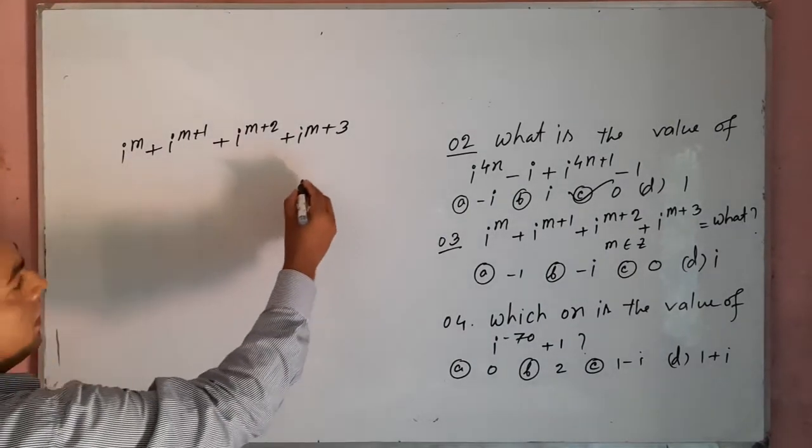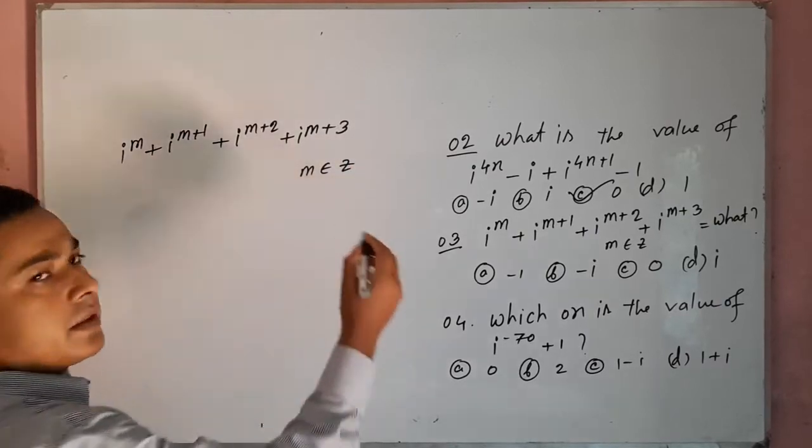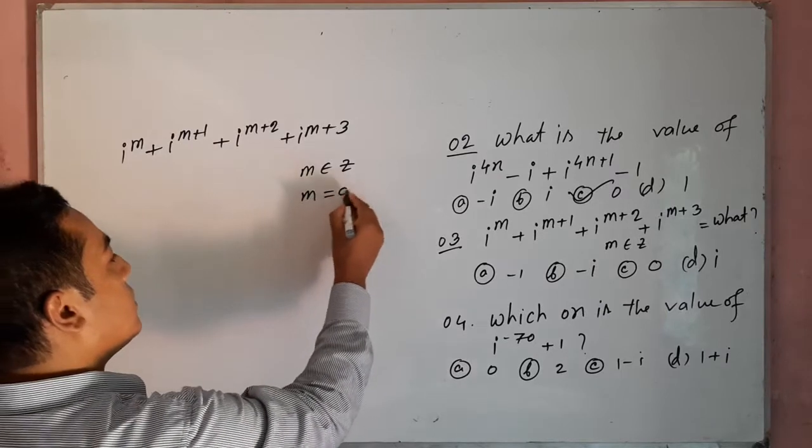Just think m is an element of Z. That's why you can take any number, like 0 or 1. Just like m is equal to 0.